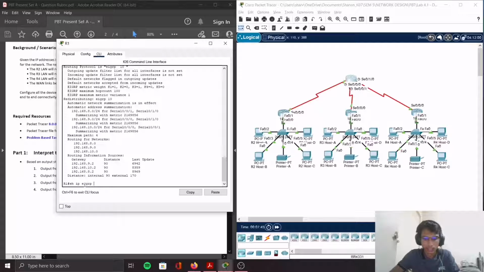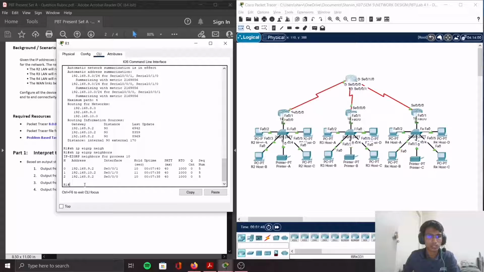Now let's see show IP EIGRP neighbor. As you can see, above in the IP protocols, they show the gateway only, but not which interface it comes from. In show IP EIGRP neighbor, you can see the address and the gateway, and which interface of R1 the gateway comes from.